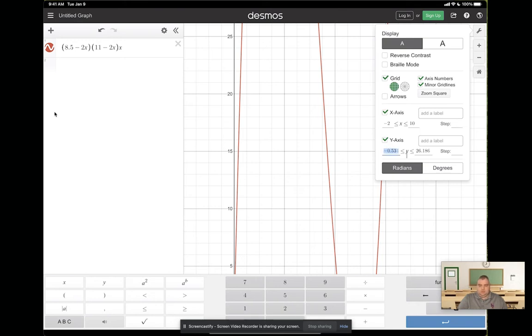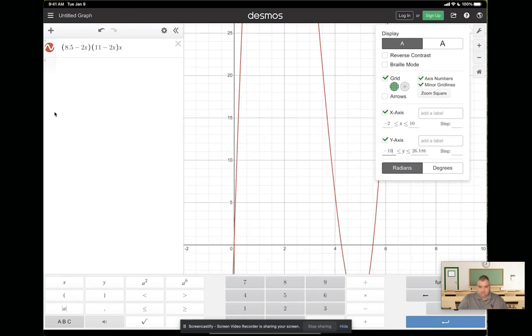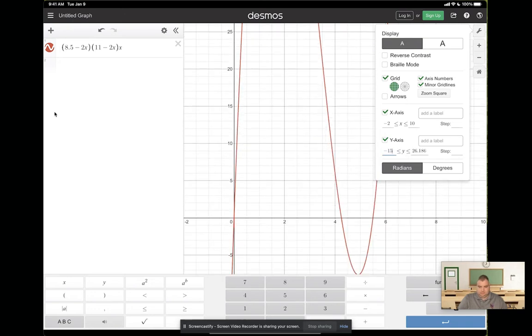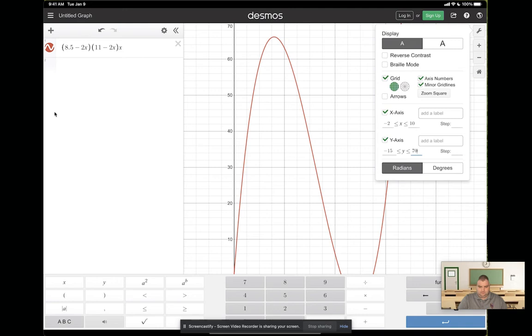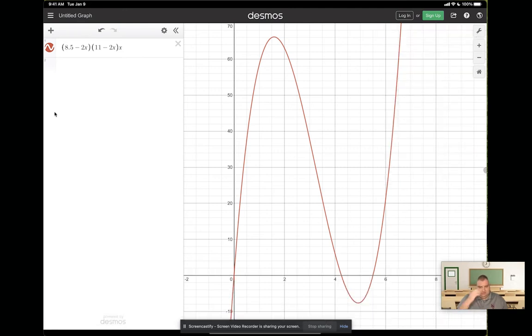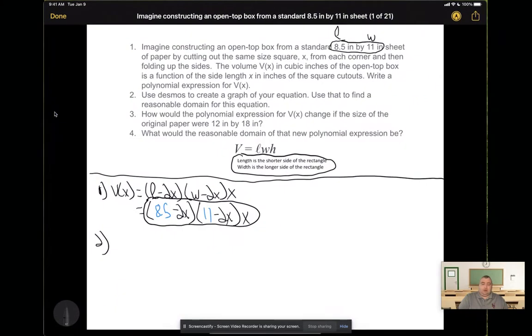And then the y-axis. So I just kind of messed around with the window, and I got this wavy shaped graph here. Okay, so this is my graph. So I did that first part on Desmos.